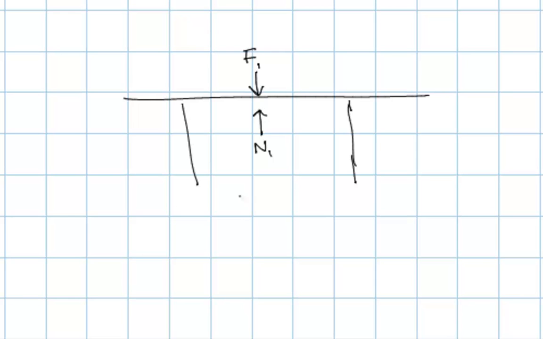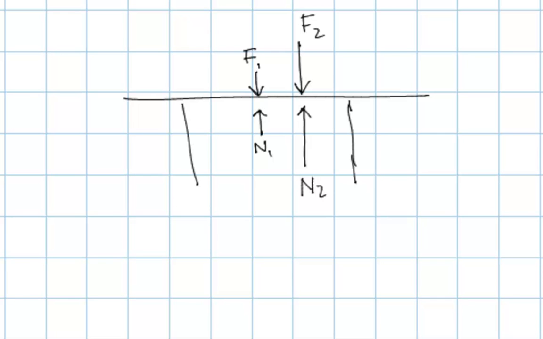If instead I lean on the table a little harder, I push down with the force F2, the table pushes back with a slightly larger normal force. And this continues until I push so hard the table breaks and I fall through the table. The normal force reacts to whatever force is pushing down to support it.